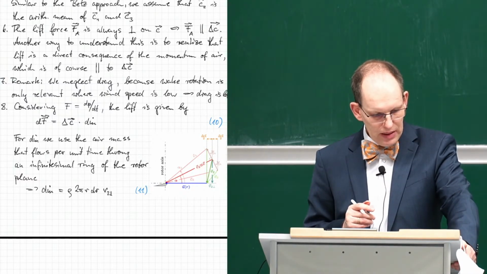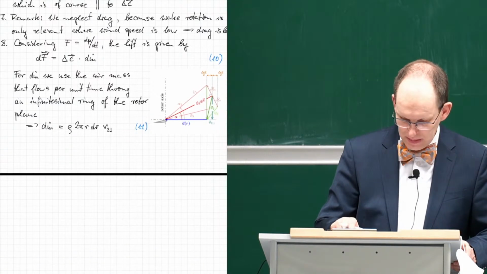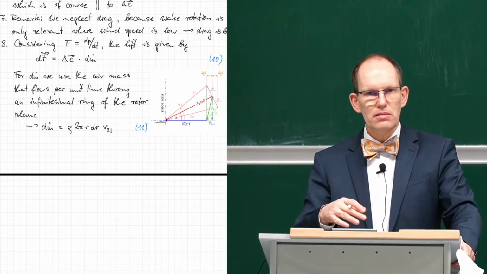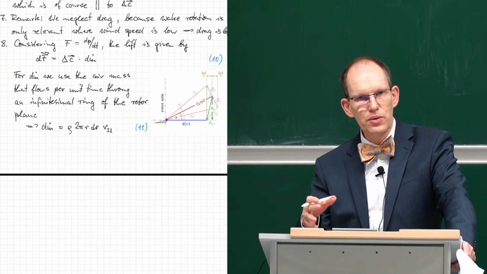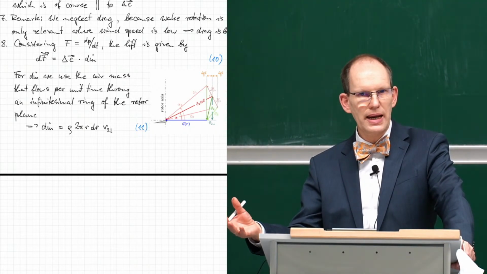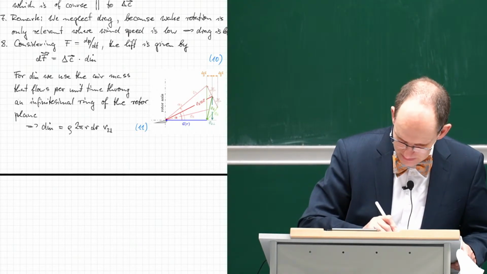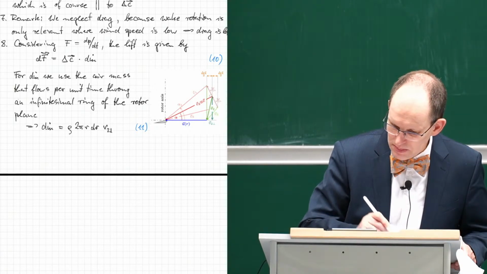So the next thing would be that we calculate the power. And the power is given by u times F, where u is the speed of the rotor blade element.